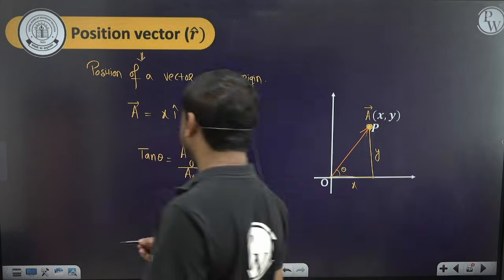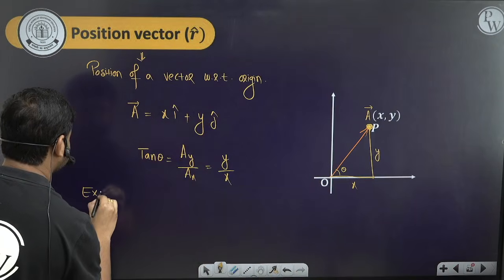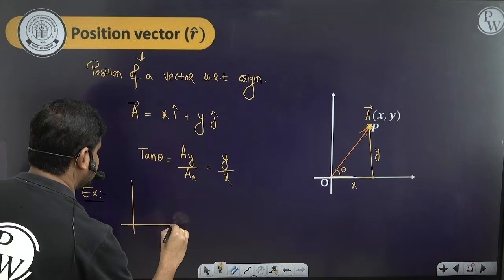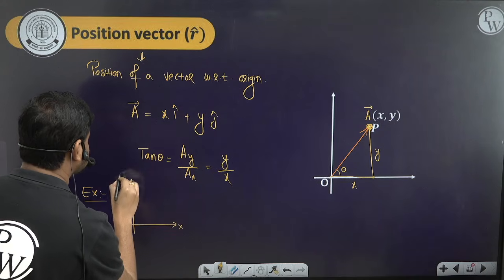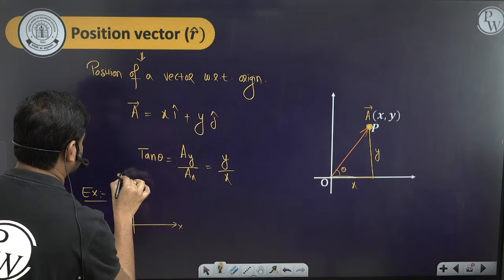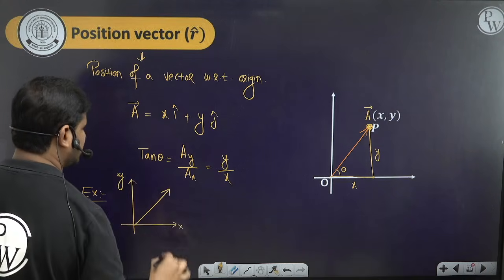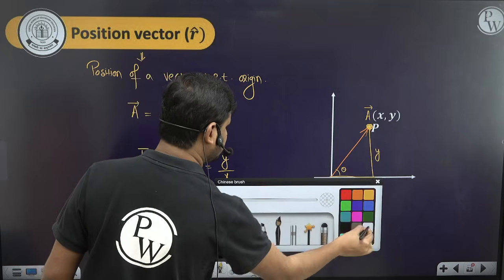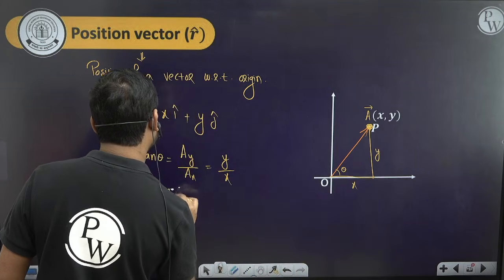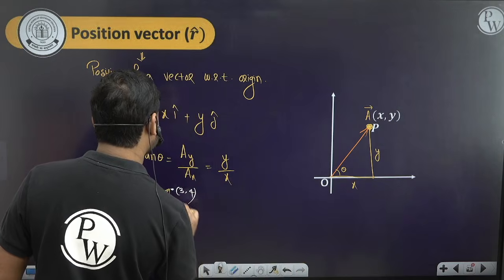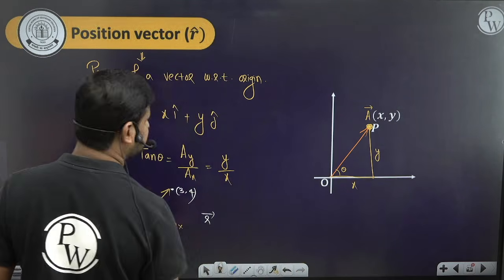For your reference, let's say this is the x direction, this is the y direction. There is some point here which has the coordinates 3, 4. The position of this point we represent as r.